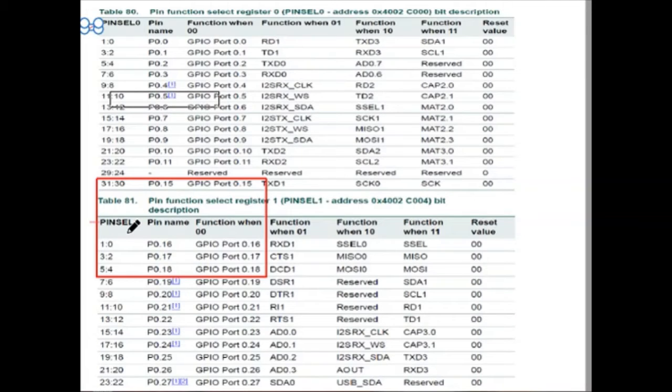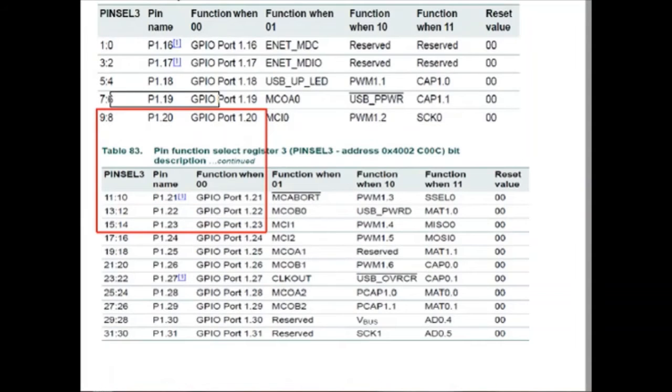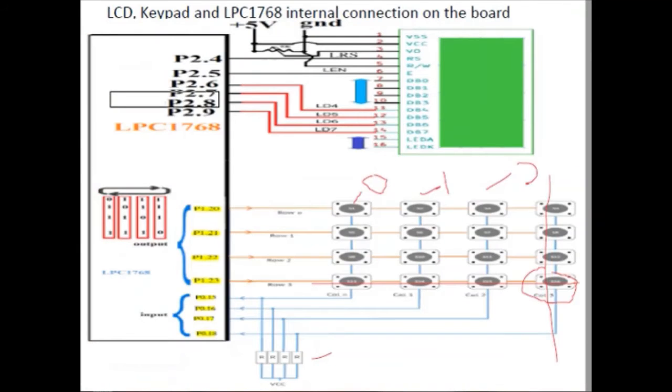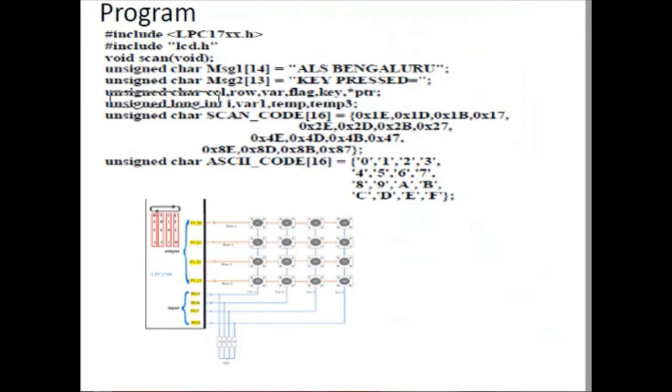This one I will show you at the end in detail. Next, similarly the same thing for P1.20 to P1.23. If you consider the same thing, this is for the row, this is for the column. So in this way the configuration is done.